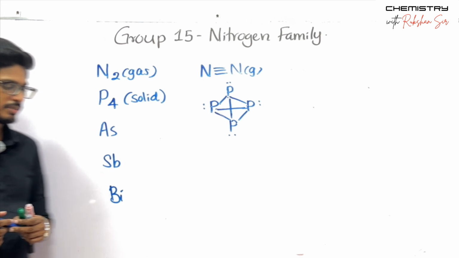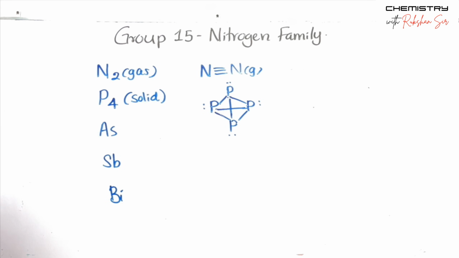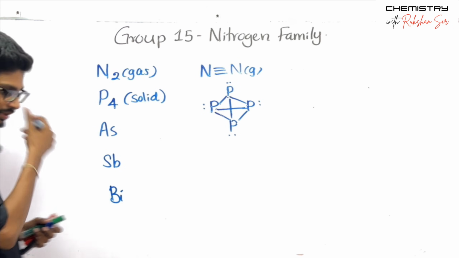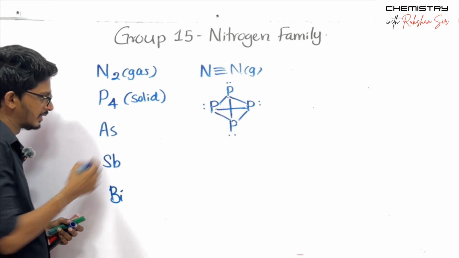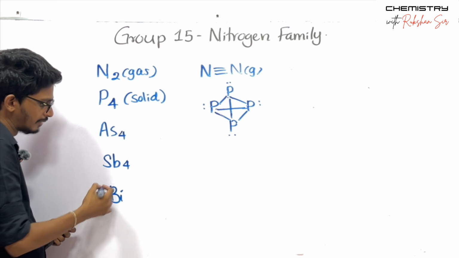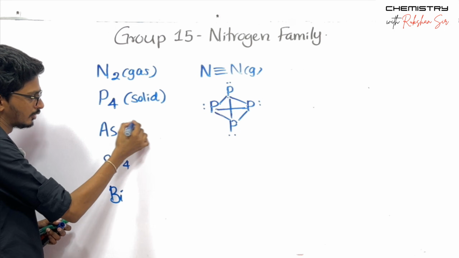Arsenic, antimony and bismuth all appear as solids at room conditions, right? Bismuth is kind of a metal.